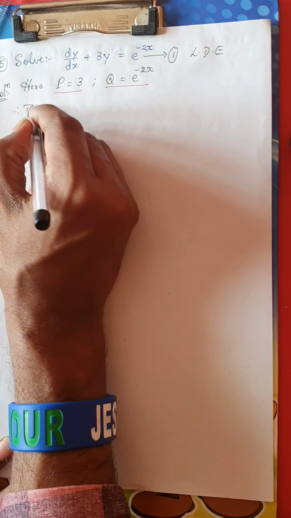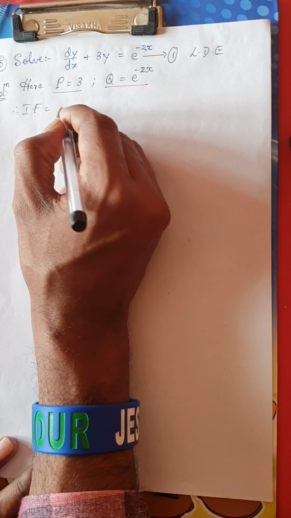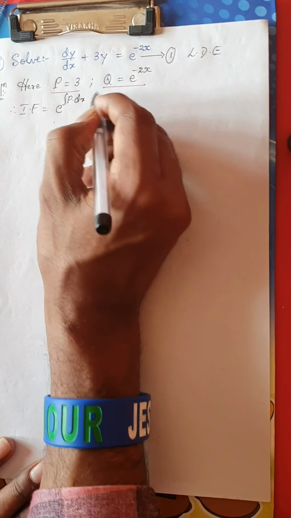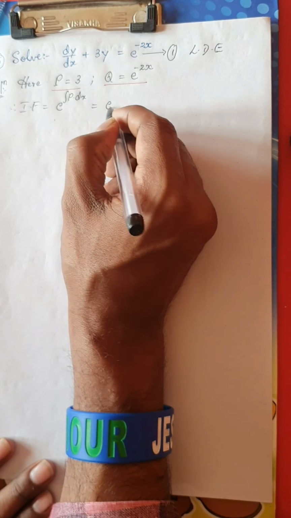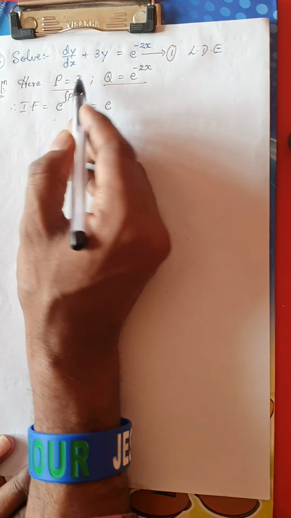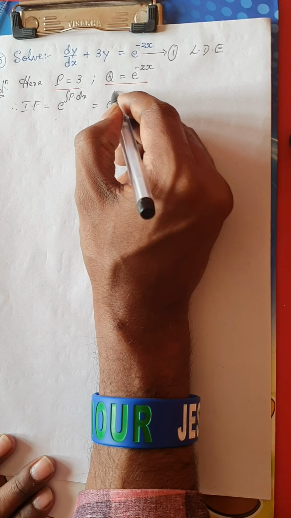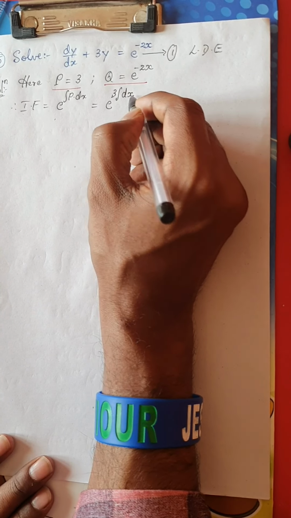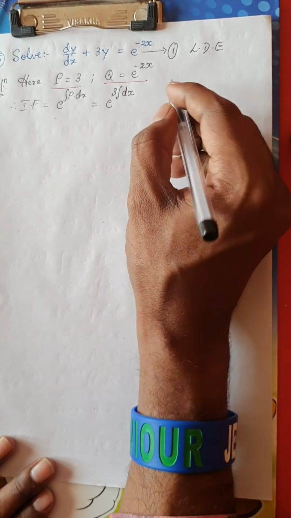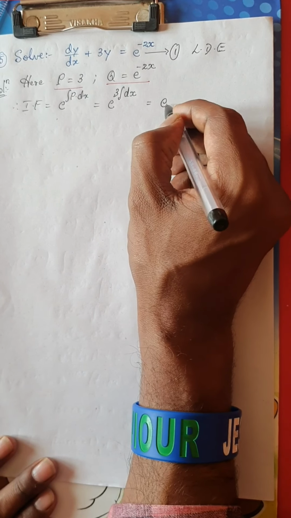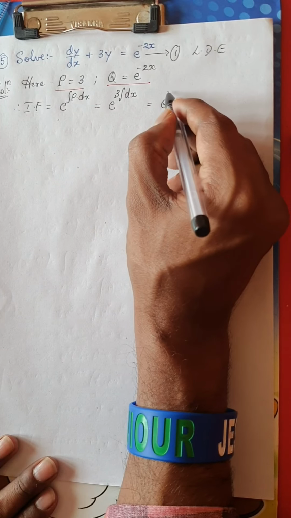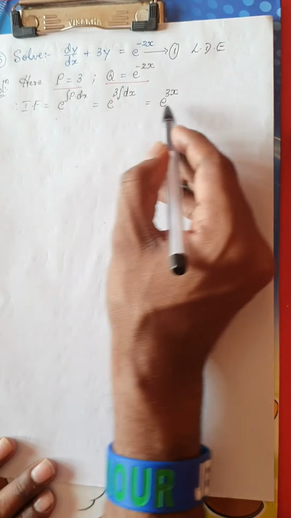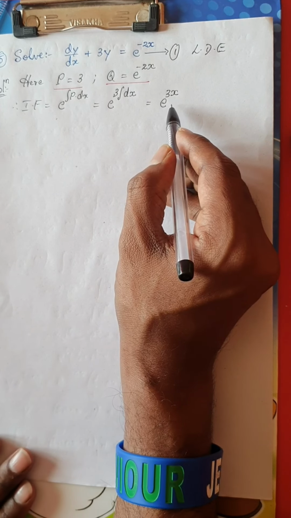Therefore the integrating factor would be e power integral of p dx. Now since 3 is a constant, I can either keep it outside and write integral of dx, or keep 3 inside as 3 dx. We know the integral of dx is x, with the constant 3. So my integrating factor would be e power 3x.